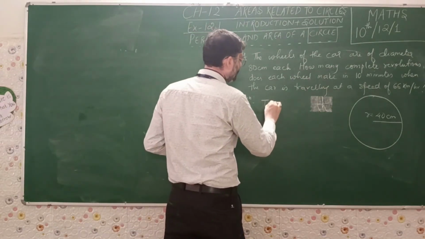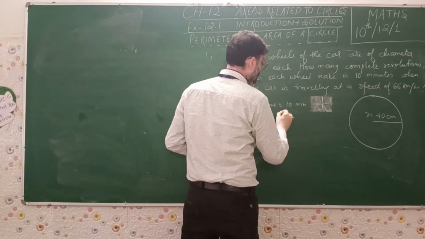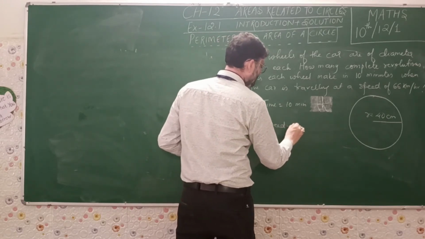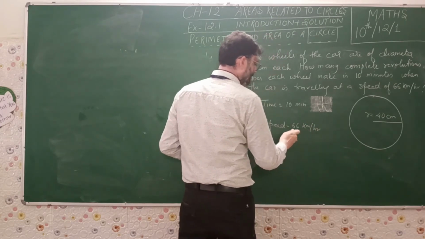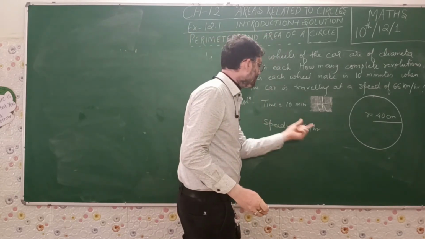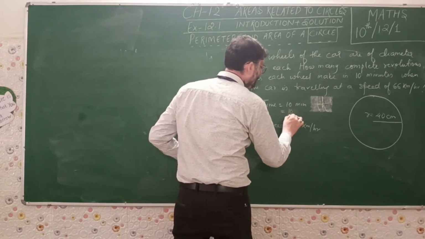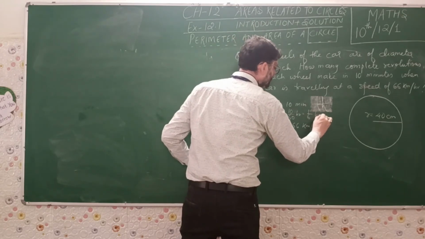So we are given time is equal to 10 minutes and speed is equal to 66 kilometer per hour. So the speed is in kilometer per hour. So let us convert the time in terms of hour. So this can be 10 by 60 hour. So this is 1 by 6 hour.